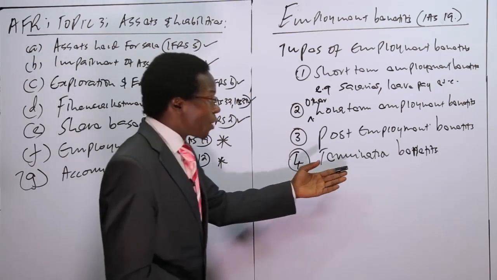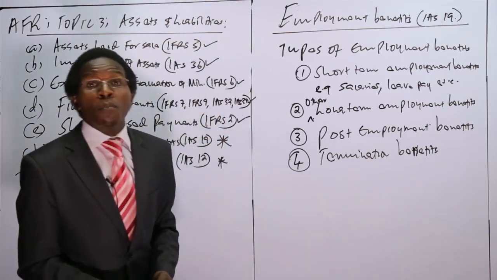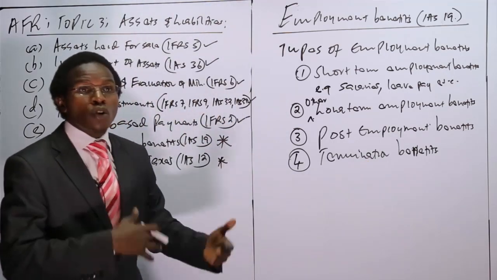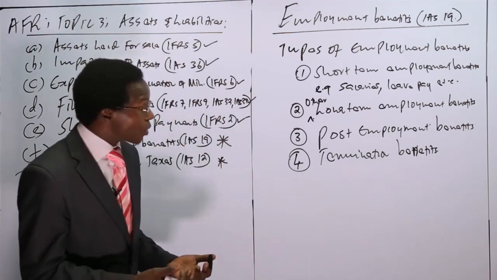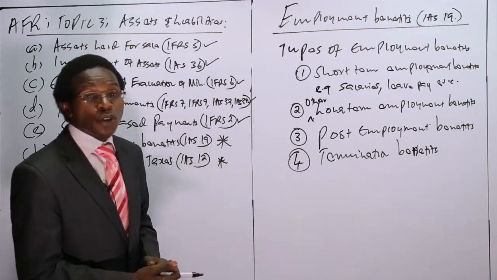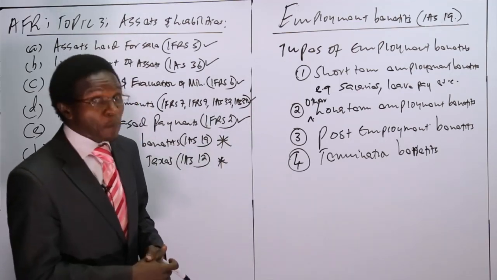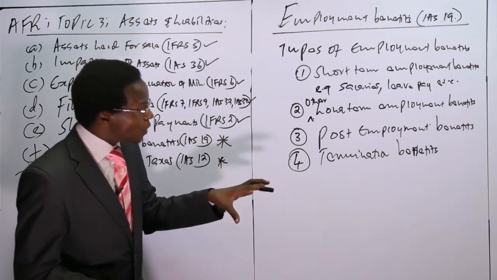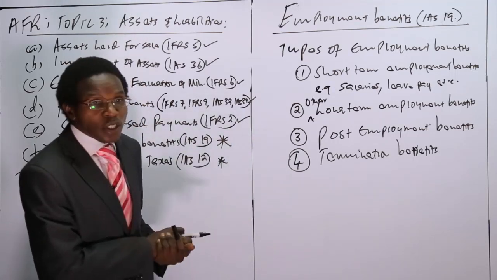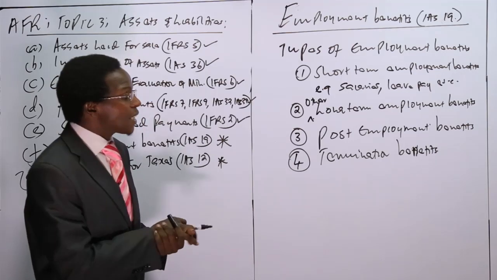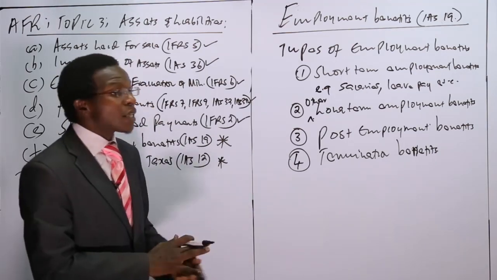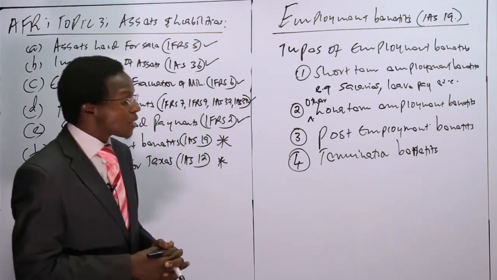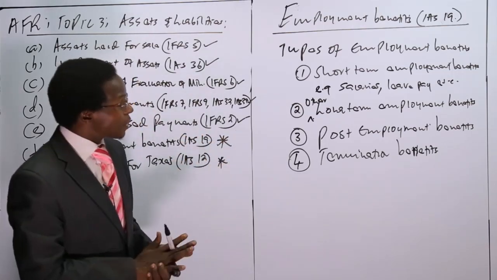We have termination benefits. This is when the employer has terminated or contradicted the contract that you had together. The employer will be required to pay you termination benefits for going contrary to the contract that you had entered initially. So you'll be given some benefits in respect to the job that has been terminated.